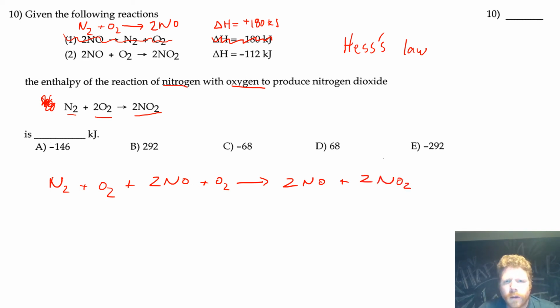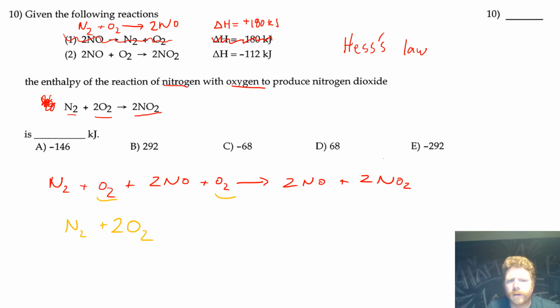Our goal is N2 plus 2O2 yields 2NO2. We've got O2 and we've got O2, and we can combine those, so 2O2 plus N2.